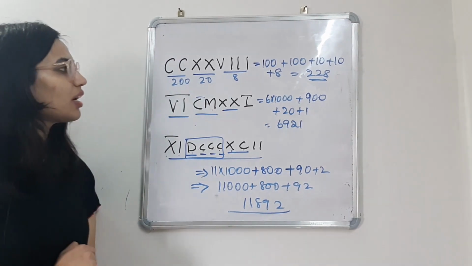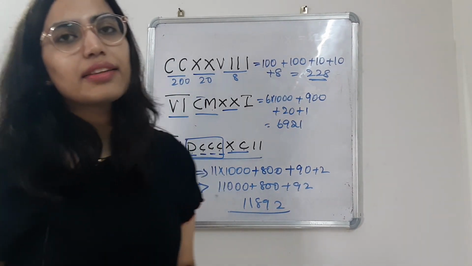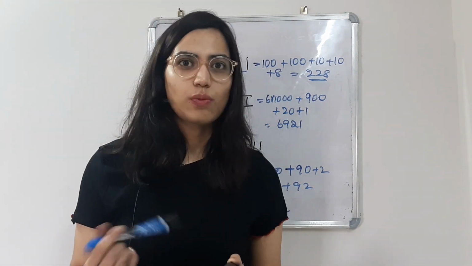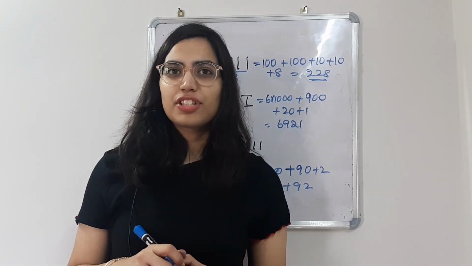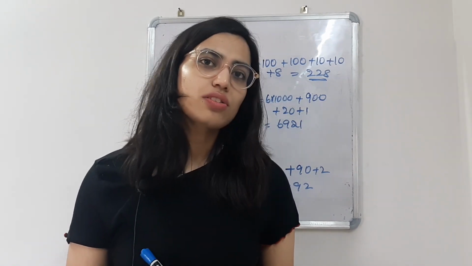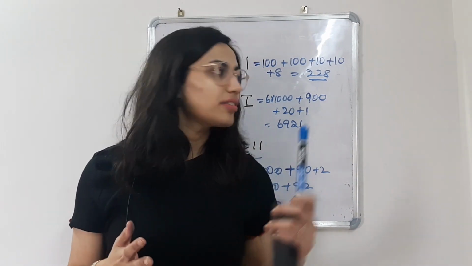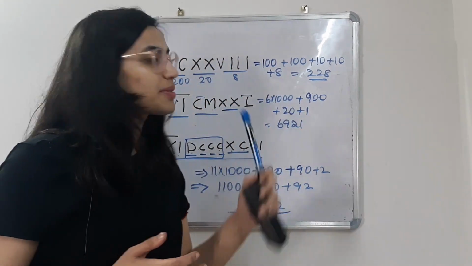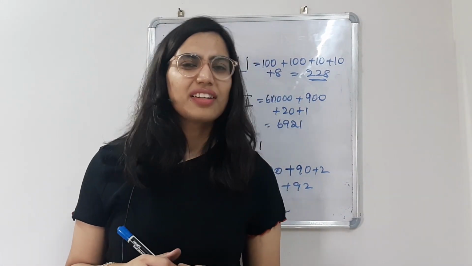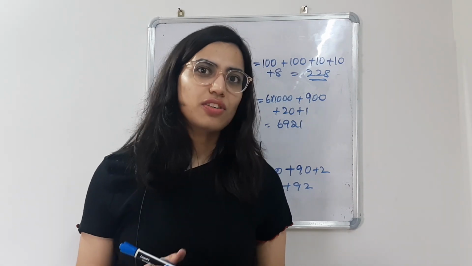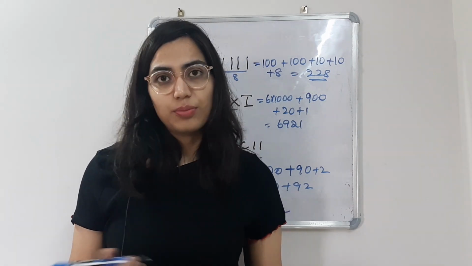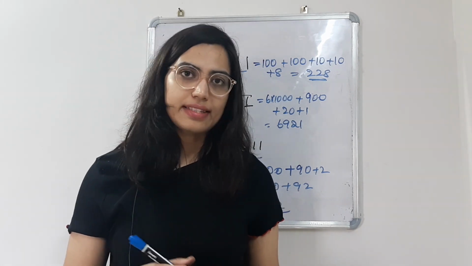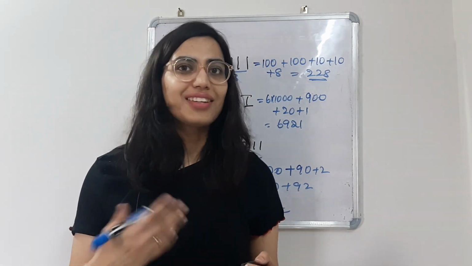Okay, so I hope you are clear with the rules and the concepts of how to convert from one system to another system. These are used pretty much in our day-to-day life, and also we can add these Roman numerals and we can subtract also, but we don't need to go to that level, because either way we'll be converting them to our numeral system, that is the Hindu Arabic system, that is 1, 2, 3, 4, and then we'll subtract.